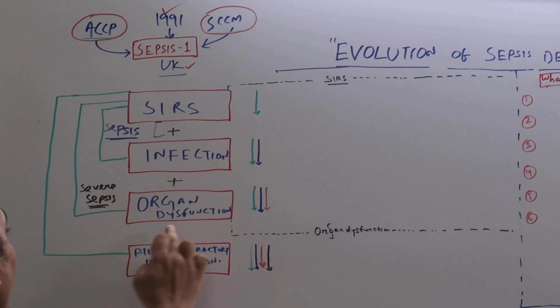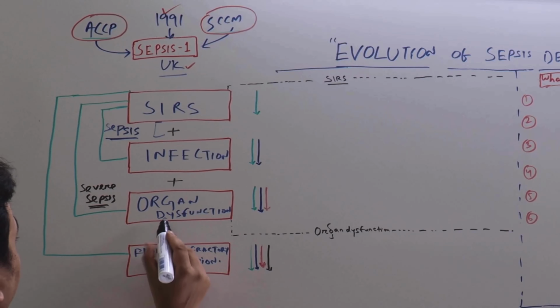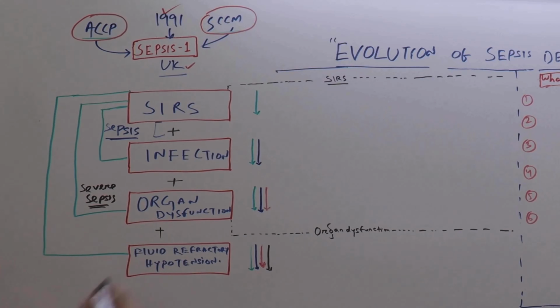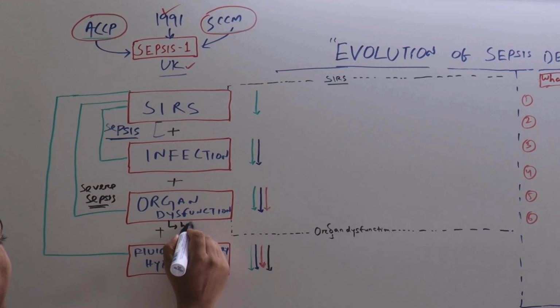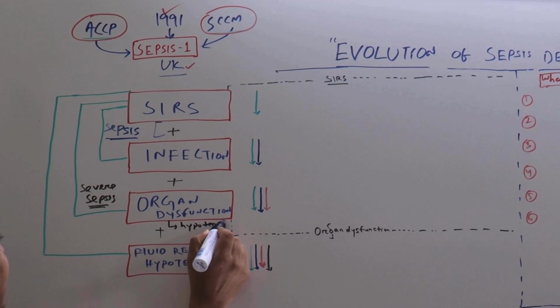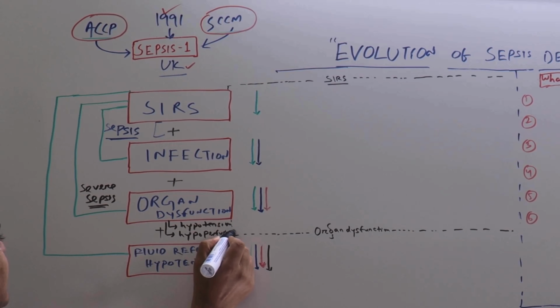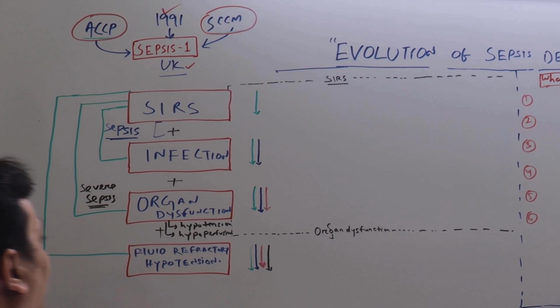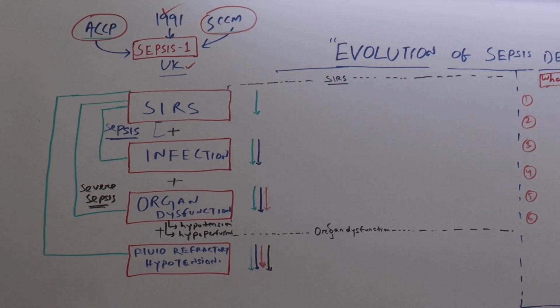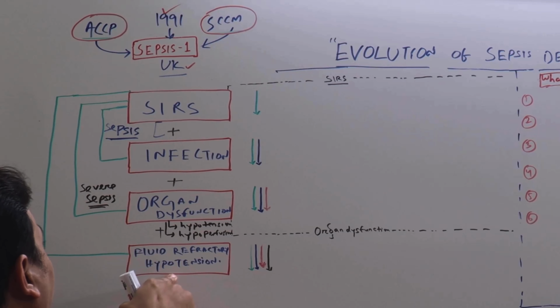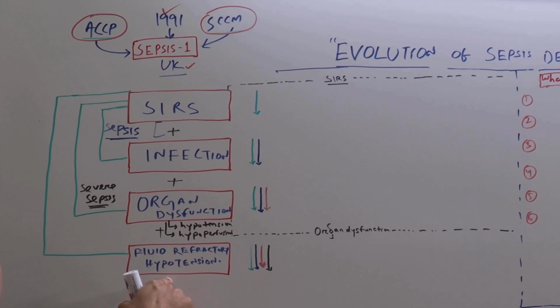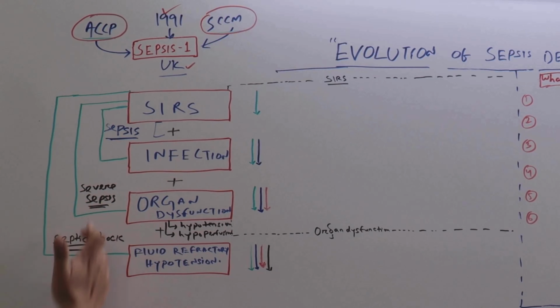Here the organ dysfunction they defined as hypotension and symptoms related to hypoperfusion, that is, increased lactate, and organ dysfunction like oliguria, altered mental status, respiratory failure, etc. When the organ dysfunction or the hypotension is fluid refractory, at that time they called it septic shock. This is how they defined sepsis, severe sepsis, and septic shock.